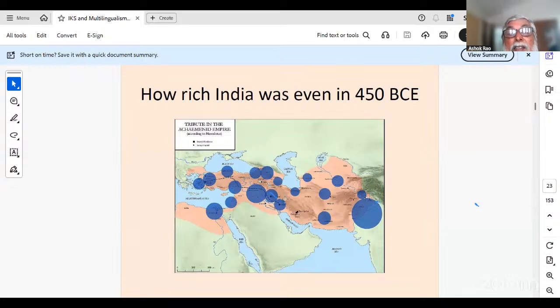But what is interesting is this is the document according to Herodotus, who is a Greek historian. And the size of this thing indicates how much wealth each region was providing to the Achaemenid Empire. See, they had a small portion of the Indus Valley. They didn't cross the river Indus. Jhelum was the border. Rest of India was untouched.